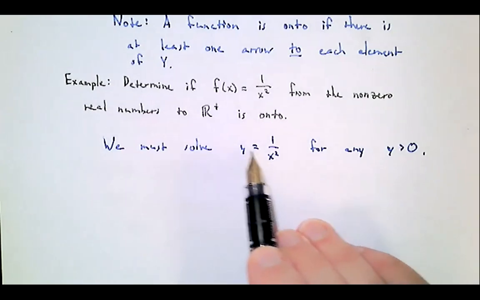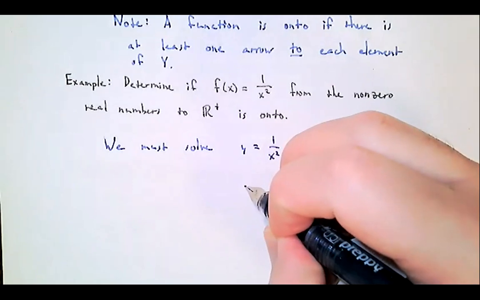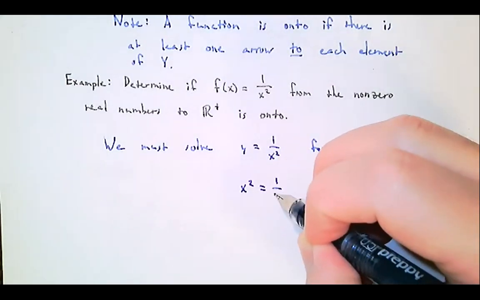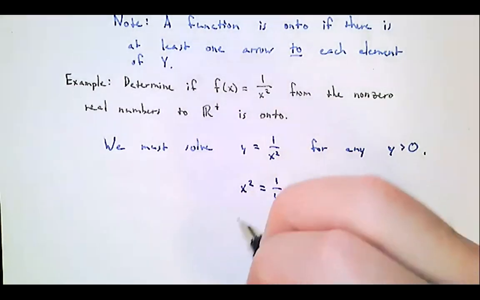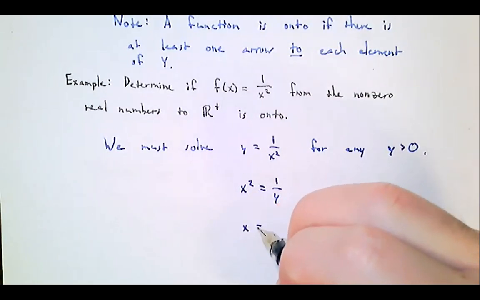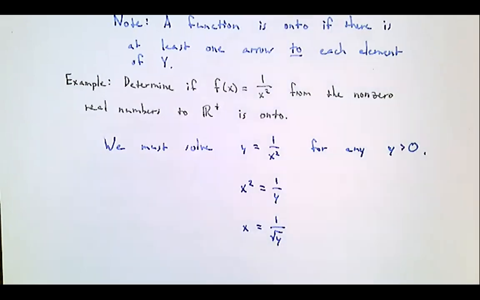And this is a relatively straightforward little algebra problem. You would want to multiply through on both sides by x squared and divide through by y. So you would say x squared is equal to 1 over y. And then you would take the square root of both sides to get this as your answer.